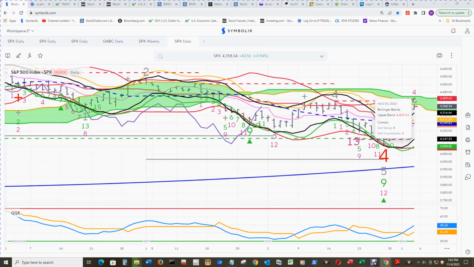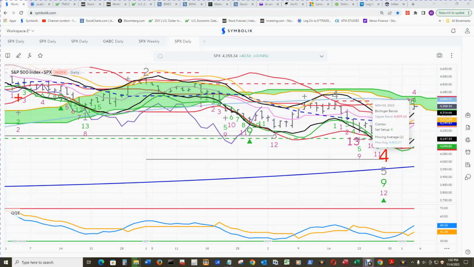And not too far away from the upper Bollinger Band, 4409.63, so that adds to the resistance in a major way. So we have the Bollinger Band, then the sell TDST line, and the 100-day simple moving average at 4403.27, right below the upper Bollinger Band and right above the sell TDST major resistance there, and let alone the top of the cloud right above all three of those.